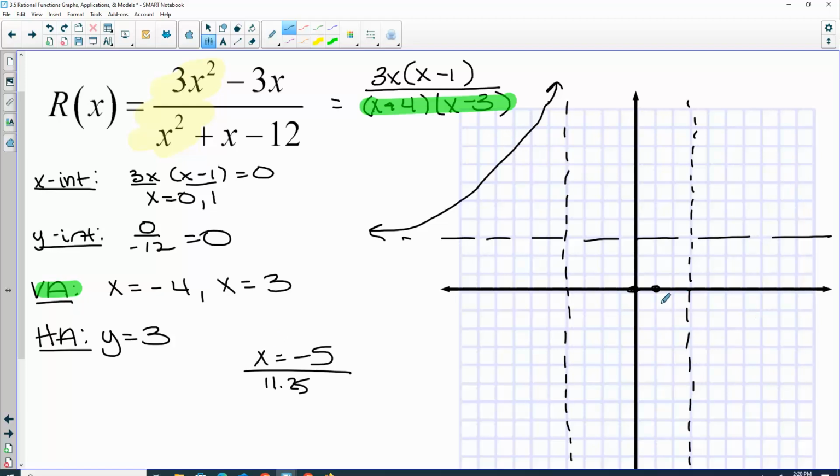The middle section. Okay, we saw a lot of them yesterday that kind of were going up or down. They don't have to. We talked about it and I said a lot of times they will, but it's not necessarily a rule that it has to. We already know this one hits the x-axis twice here. Let's plug in another point, because I can't just look at this and know exactly what it's doing.